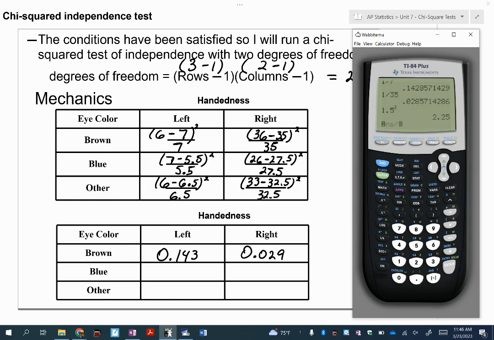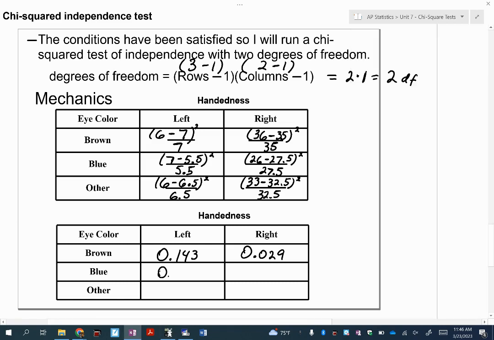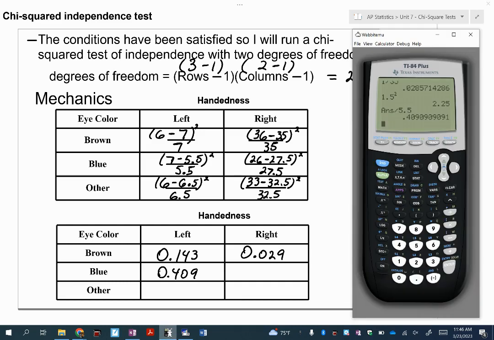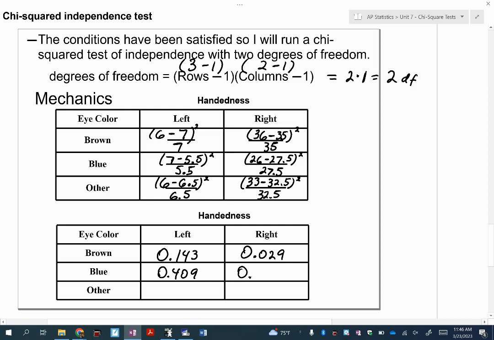And then divide that by 5.5. So 0.409. And then this is actually 1.5 again, but it's a negative. I don't care about that. So positive 2.25 divided by 27.5. 0.082.